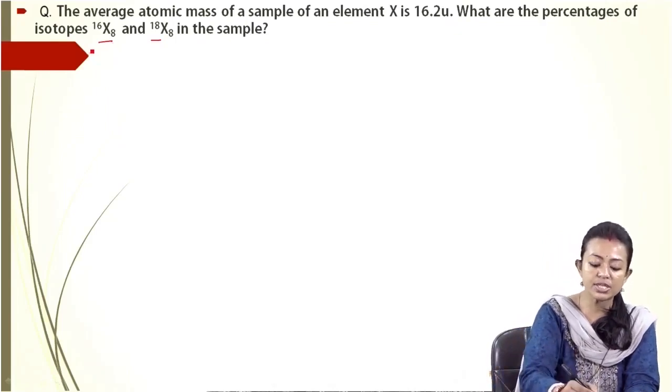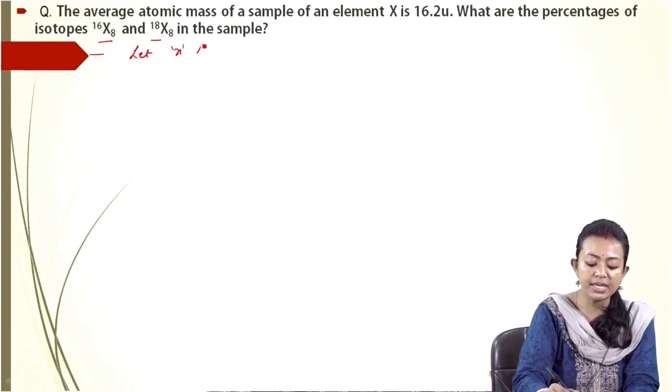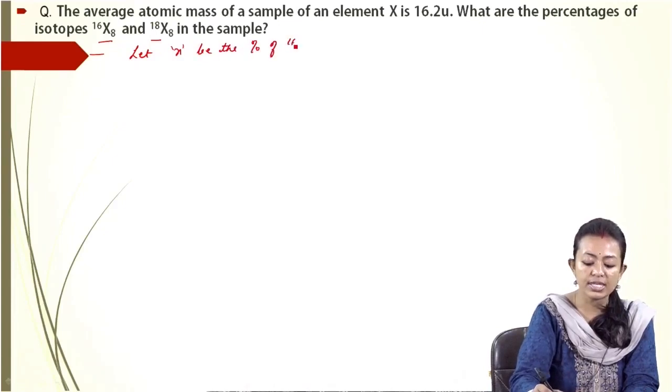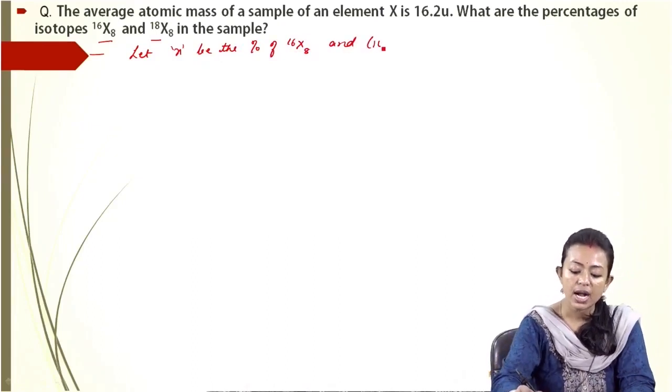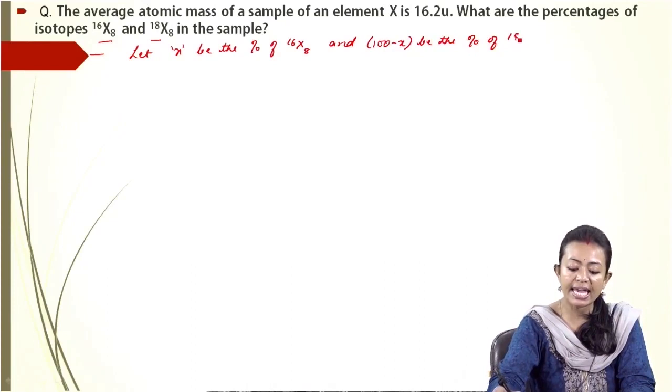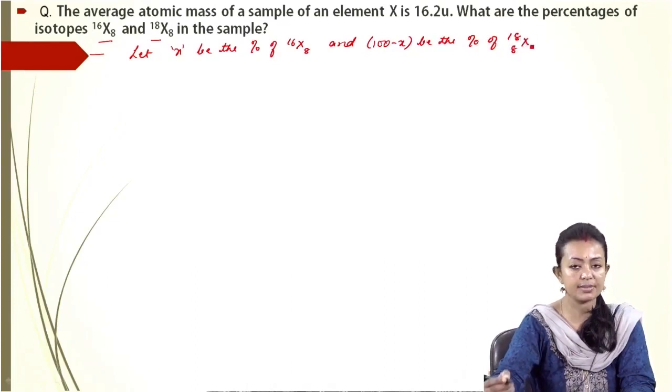Now for that we just need to assume that let x be the percentage of 16X8 and so out of 100, 100 minus x would be the percentage of 18X8. Clear?